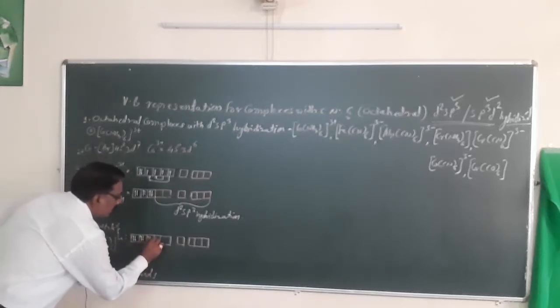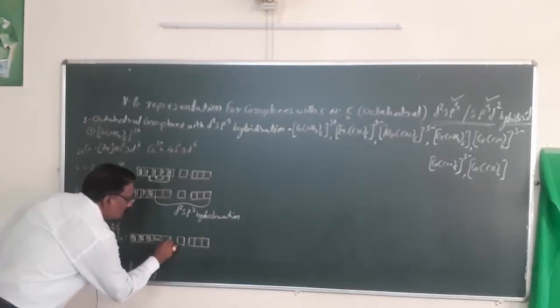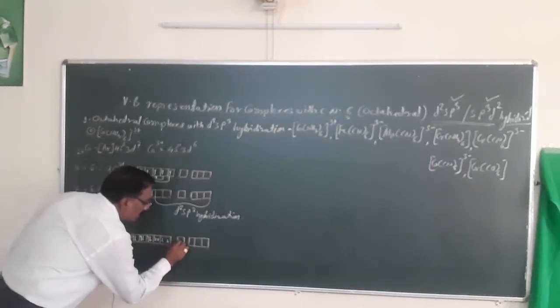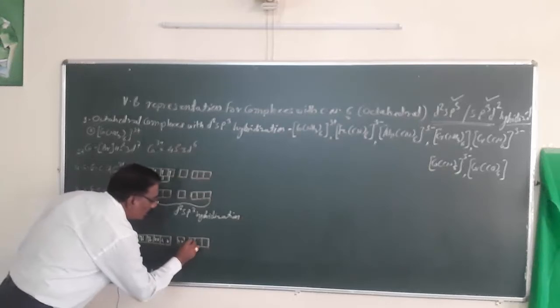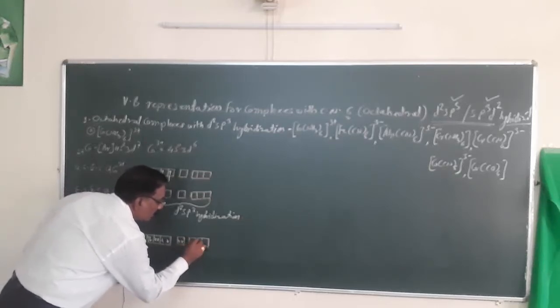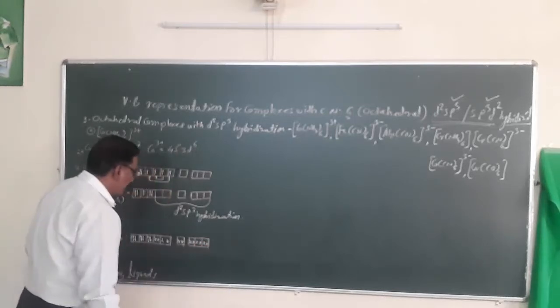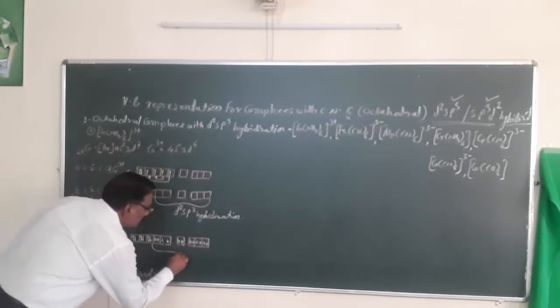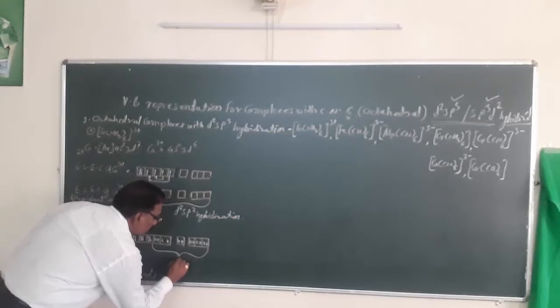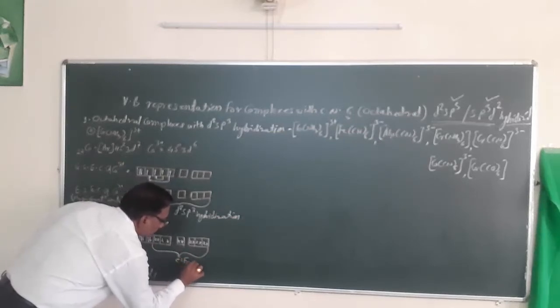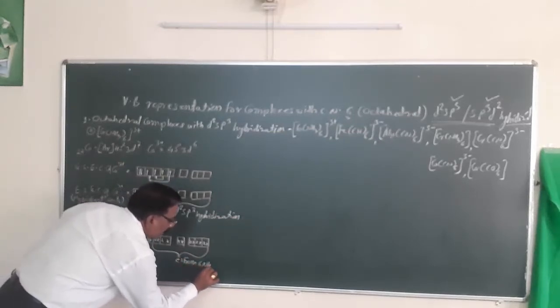So the first NH3 gives 2 electrons, the second gives 2 electrons, the third NH3 also gives 2 electrons, the fourth, fifth and sixth also give 2 electrons each. Thus these are the electrons from the 6 NH3 ligands.